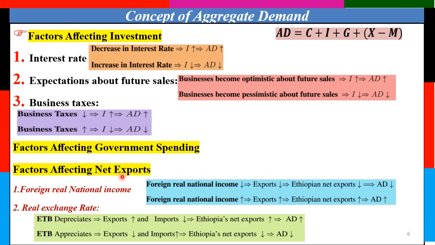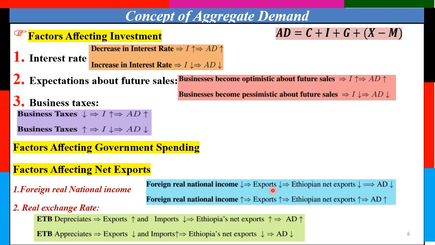Factors affecting the net export. The first is foreign real national income. If foreign real national income is decreasing, exports are decreasing. Because their income is decreasing, it means their ability to buy something is decreasing. At that time, the export is decreasing.